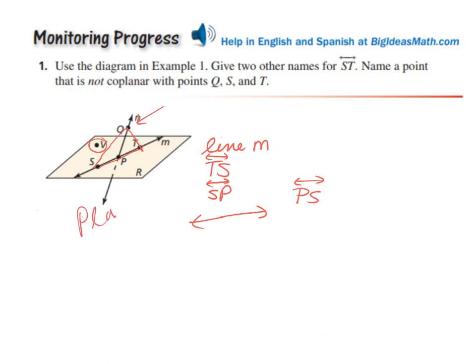So something not on that triangular plane is point V. Does that make sense? Yeah, so we have a couple different planes that we're looking at here, not just the one that we see.